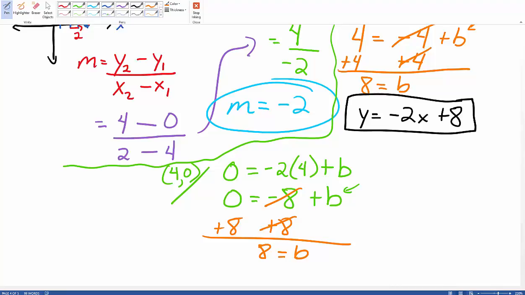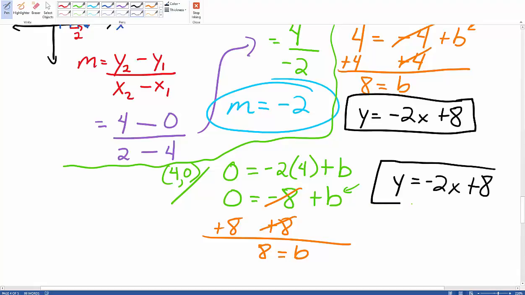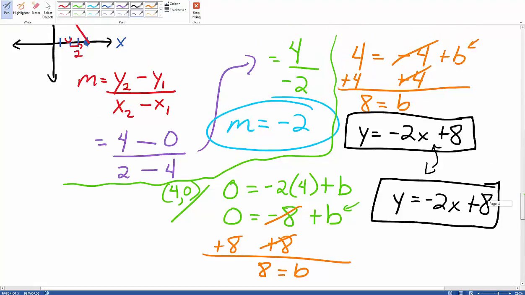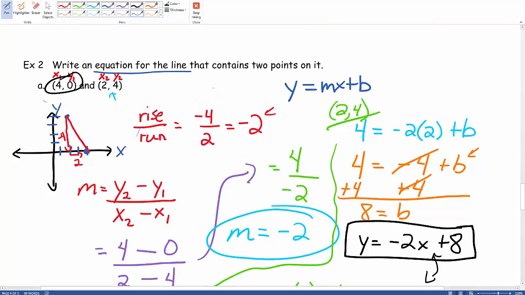Again, rewriting the equation of that line, y equals our slope, -2, x plus our y-intercept that we just found, 8. So notice how they are exactly the same, regardless of which point we chose.